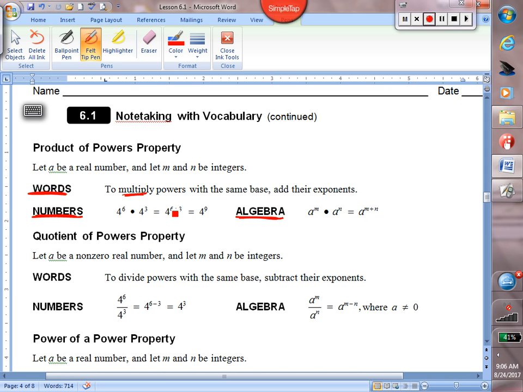We end up with 4 to the 6th plus 3. That's when we added our exponents, and we got 4 to the 9th. When we divided, we had the same base, and we took the top exponent and subtracted the bottom exponent. So on page 171, you'll find a summary of all the properties. That can be a very powerful resource for you.